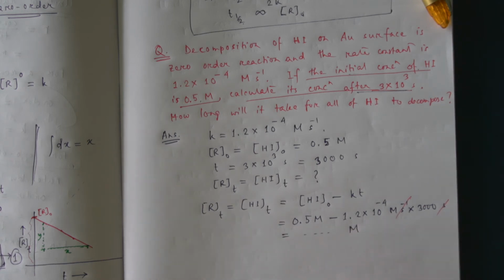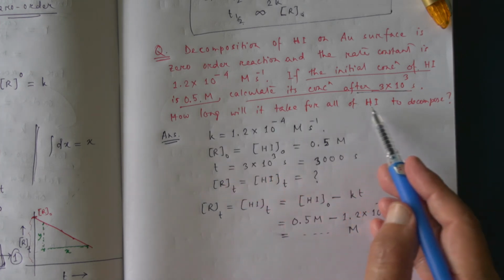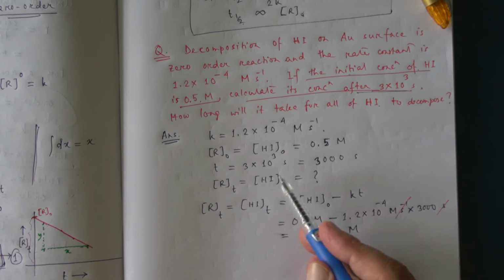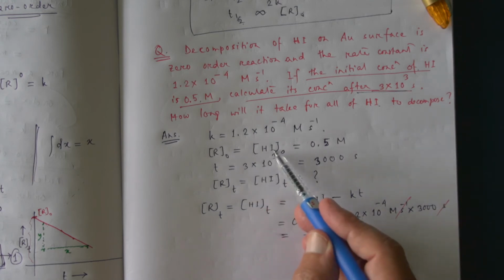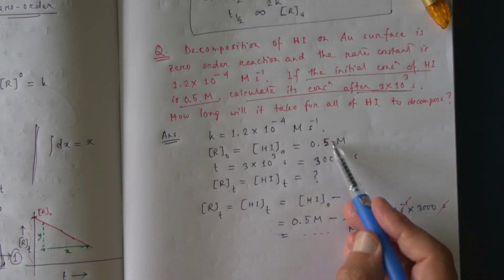Then what is the second question? Second question is that how long all HI decompose. That means concentration of this should be 0. It has to be 0.